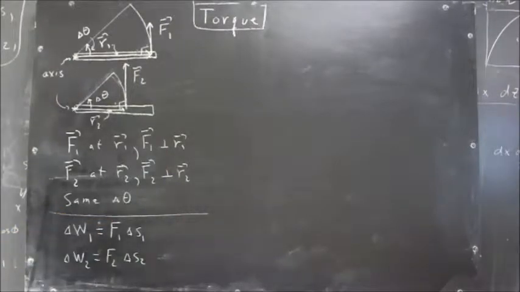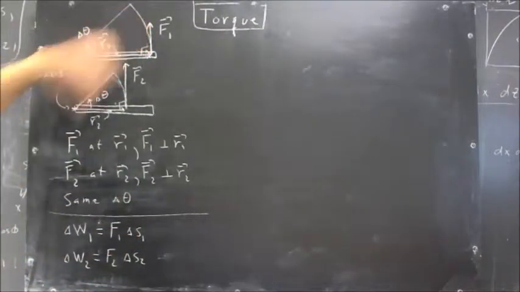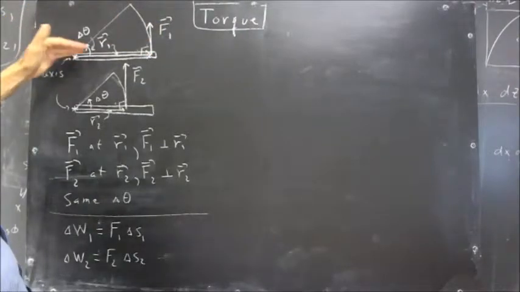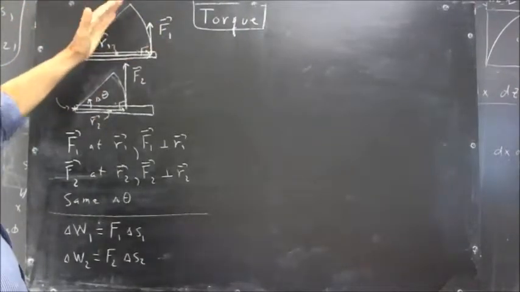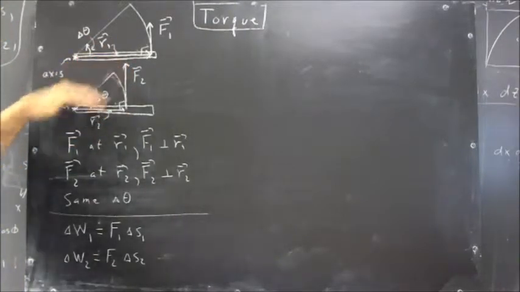So we have F1 at R1, F1 perpendicular to R1, F2 at R2, F2 perpendicular to R2, and the same delta theta. Now the work done in the first case is F1 delta S1. We assume that the force F1 remains perpendicular to the R vector as the object rotates, and the same with the force F2 and the vector R2.